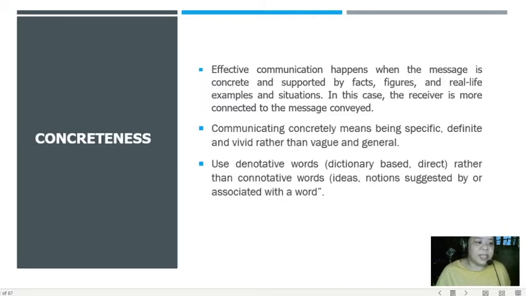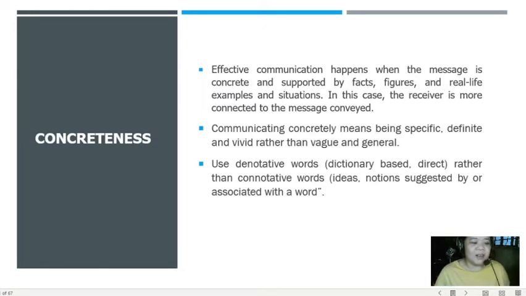Communicating concretely means being specific, definite, and vivid rather than vague and general. If you want them to really understand what you are trying to communicate, you have to be specific, you have to be definite, and you have to use vivid imagery in order for them to understand what you mean.